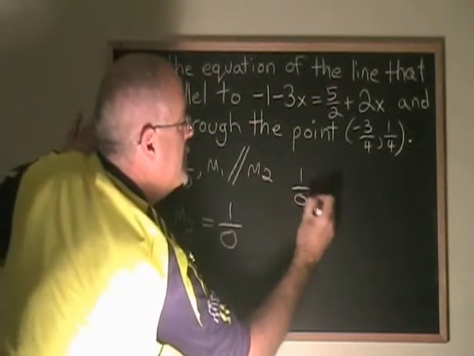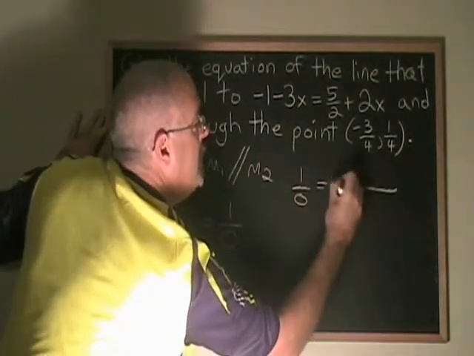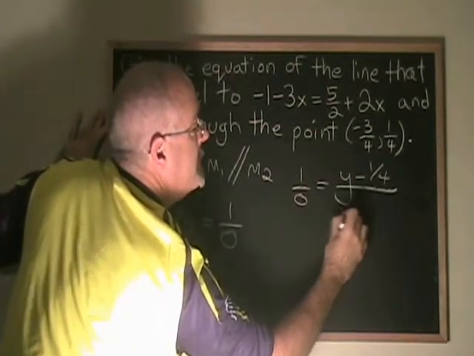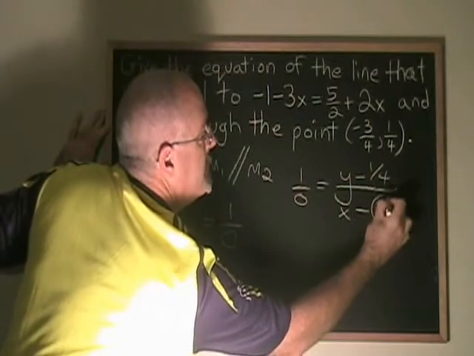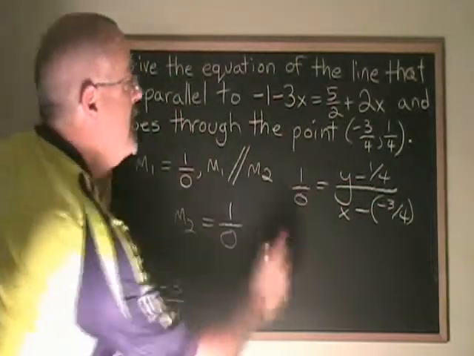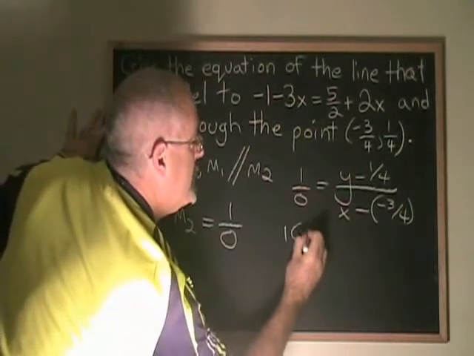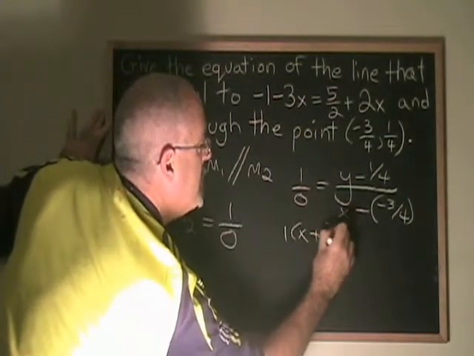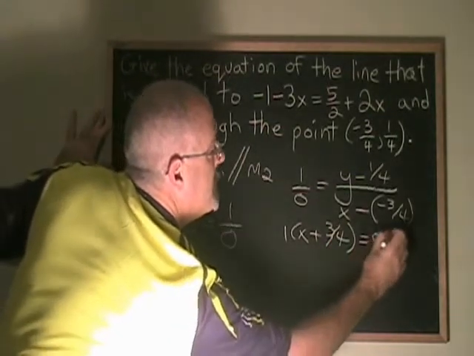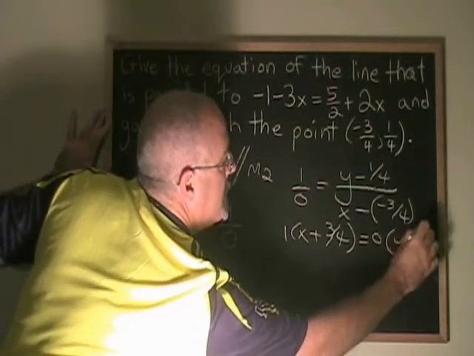1 over 0 equals y minus 1/4 over x minus negative 3/4. Cross multiplying, 1 times x plus 3/4 is equal to 0 times y minus 1/4.